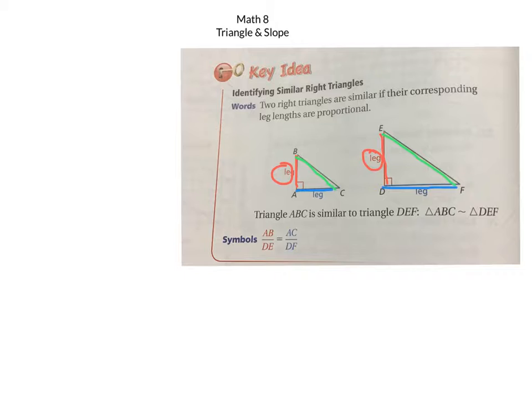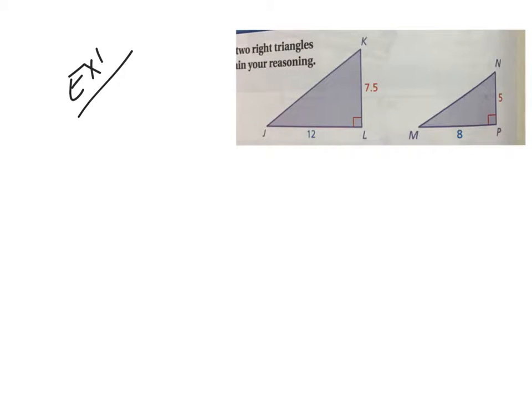Okay, so let's do one of these. Example 1. So we have our two triangles, and we are going to tell whether the two triangles are similar and explain our reasoning.